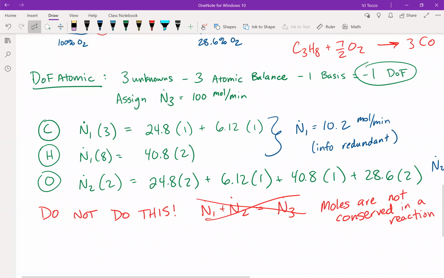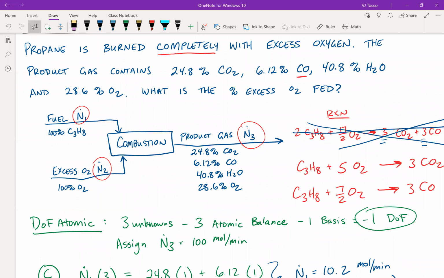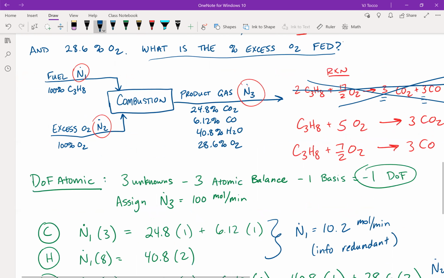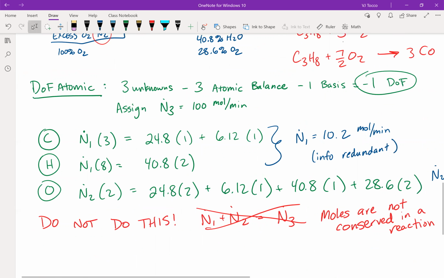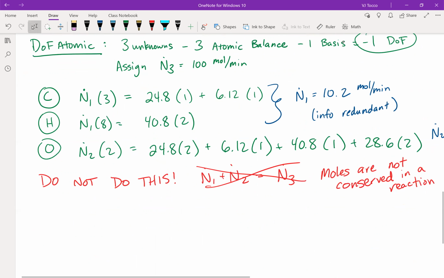Now, I've solved for all the variables in my process flow diagram, but I have not solved what the problem wanted me to solve, which is what is the percent excess O2 fed. So I have to work out what is my theoretical O2. So remember that theoretical O2 is the amount of O2 that I need to combust my fuel completely.